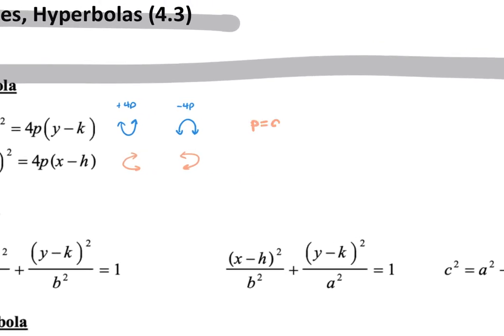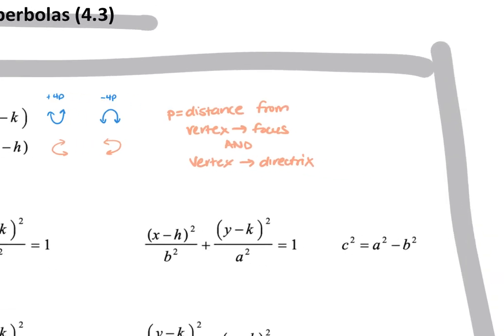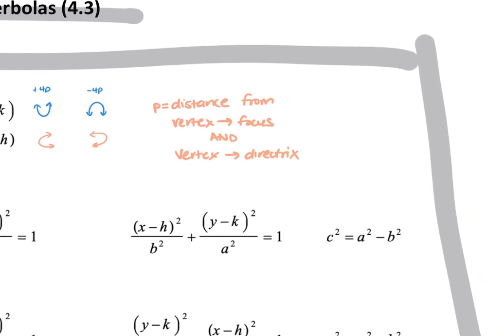And p is the distance from the vertex to the focus and the vertex to the directrix. The focus falls inside the parabola. The directrix falls the opposite direction.